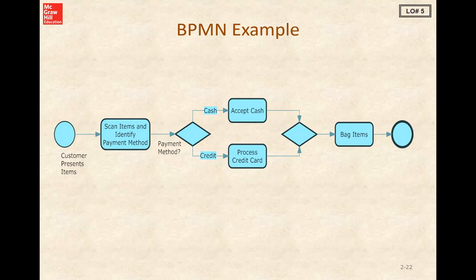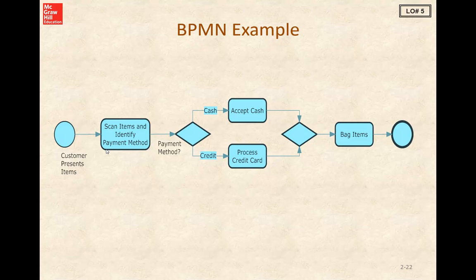So let's take a good look at a BPMN model example. Here we will analyze the checkout process at a retail store. So as we can see over here, here's the start of our process, our circle with a single outline, which is the customer presenting the item. Here we've got our flow direction, our sequence flow, coming to an activity, our rounded rectangle.